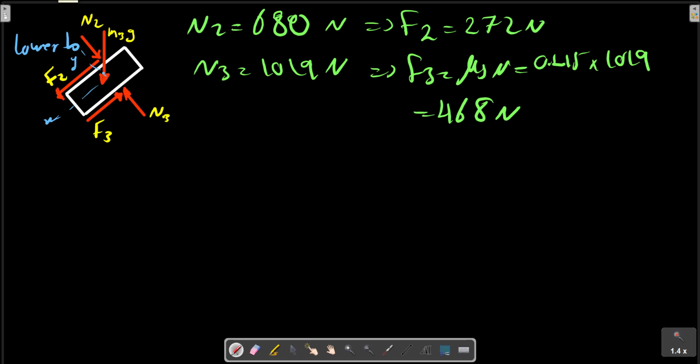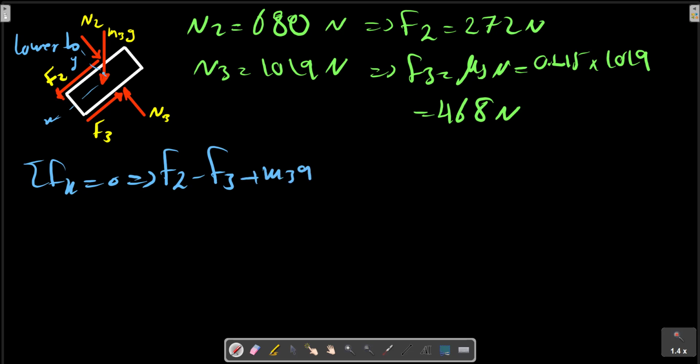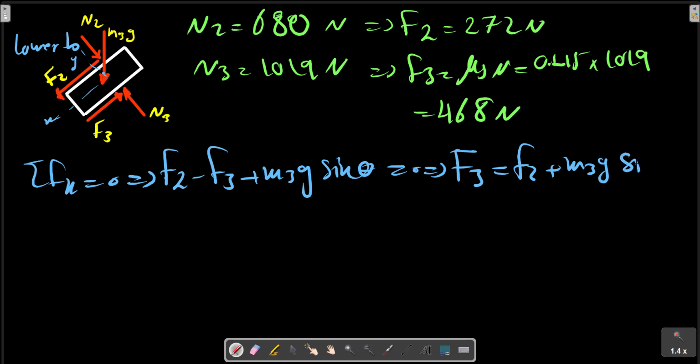If the movement happened, F3 should be calculated. If our assumption is true, we can check F3 max against the obtained F. At first, we have in the x direction F2, F3, F2 plus M3G sine theta.